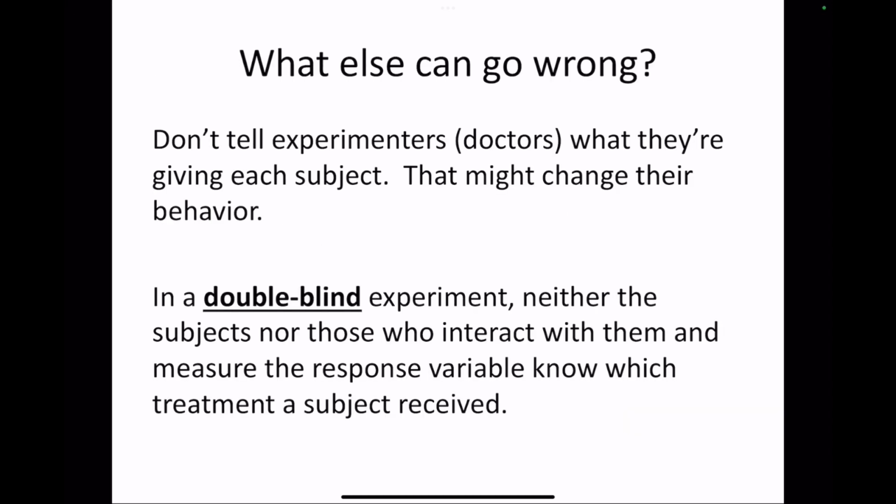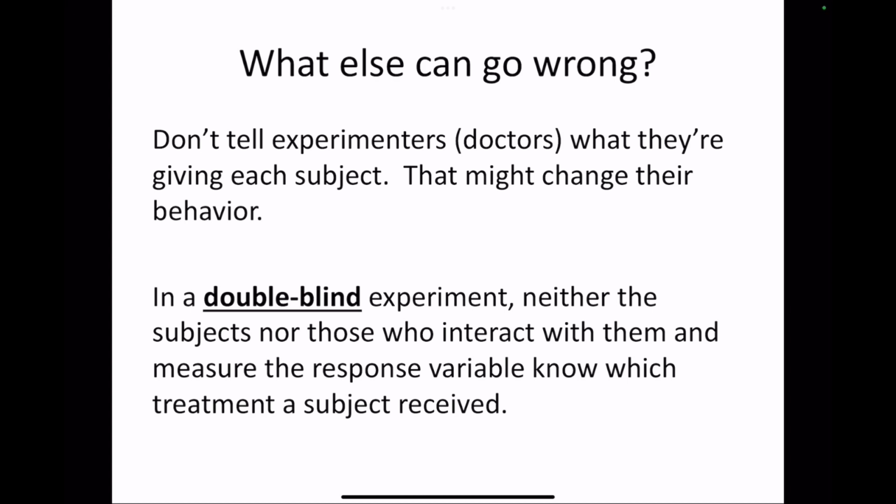But if you tell the people that are administering the drug that, hey, this is going to help the patients, that might affect their behavior, and that might be a confounding variable. So what we do instead is we do what's called a double-blind experiment whenever possible, whenever practical.